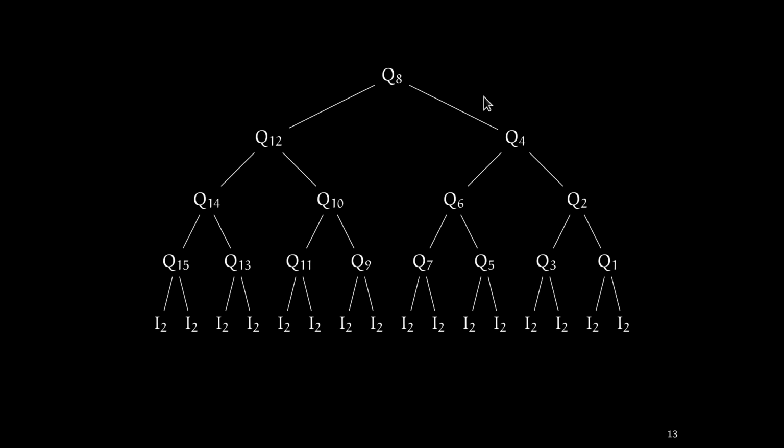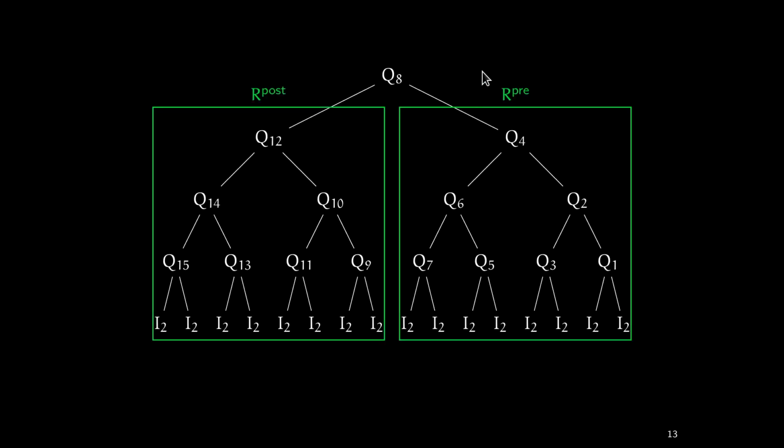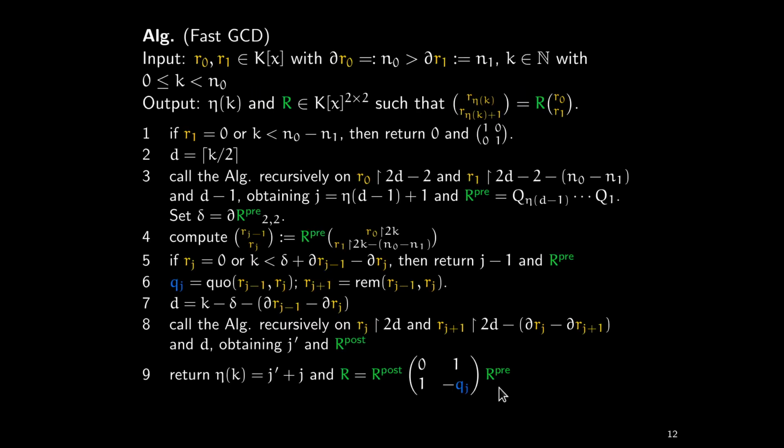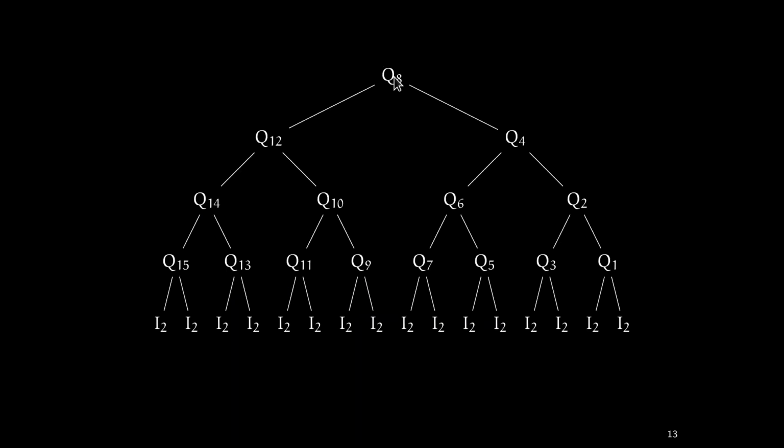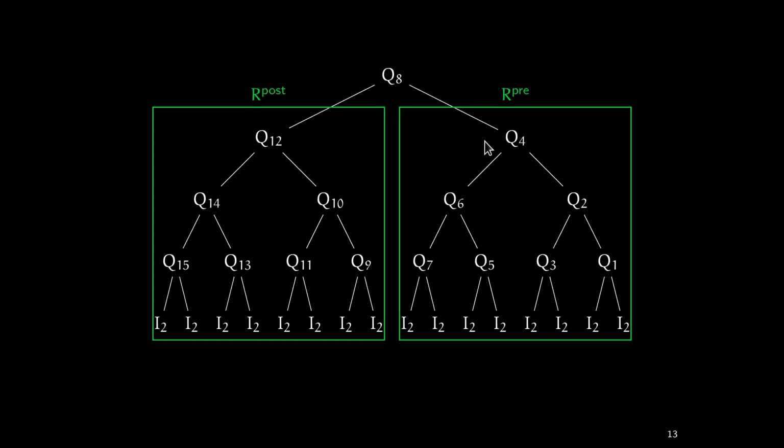And what happens then in the algorithm is that one recursive call computes this entire product, and the other recursive call computes this entire product, and then at the bottom, when I'm combining the things here, then I'm multiplying this, and in the middle, the q that is at the top of the tree, this one. So I'm computing this matrix, the matrix product of those ones times this times the matrix product of those ones.